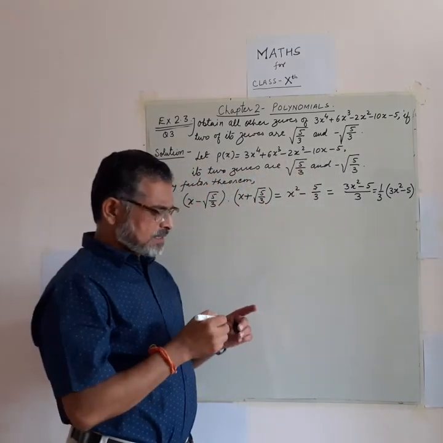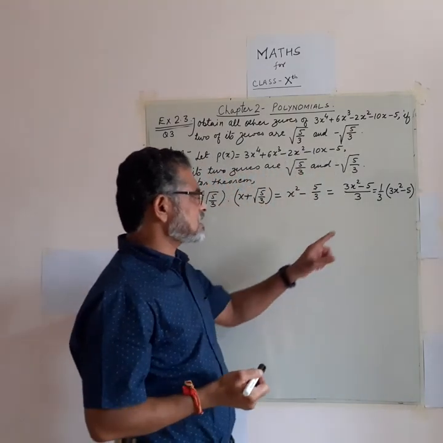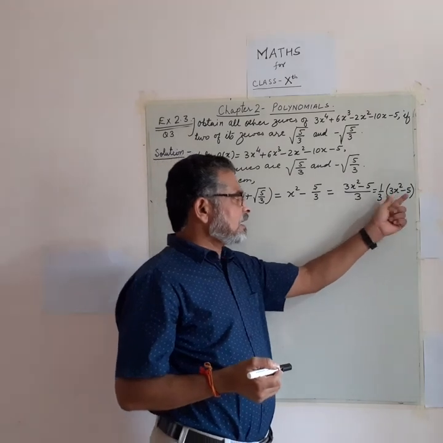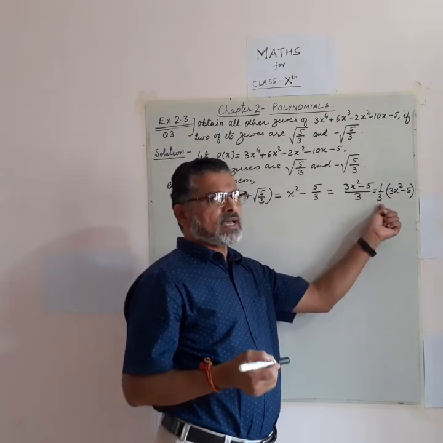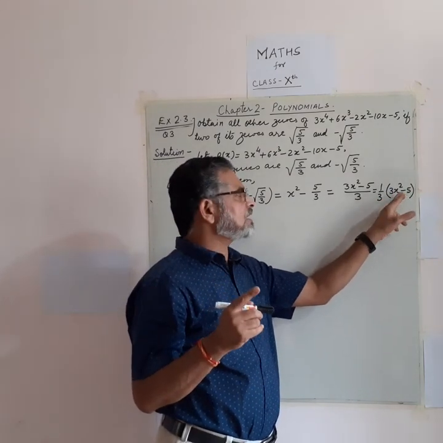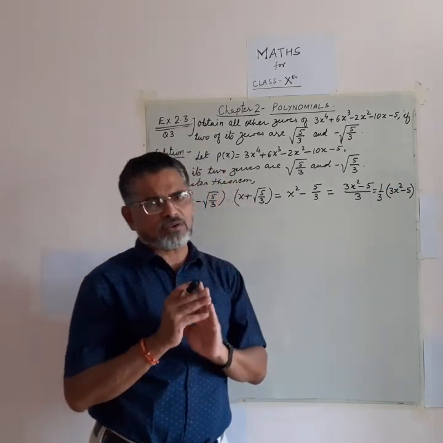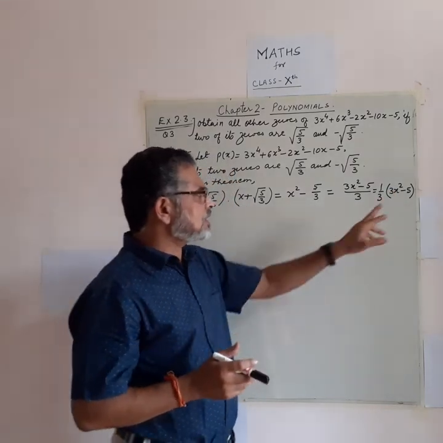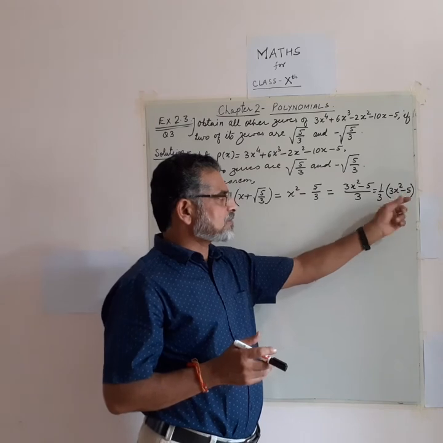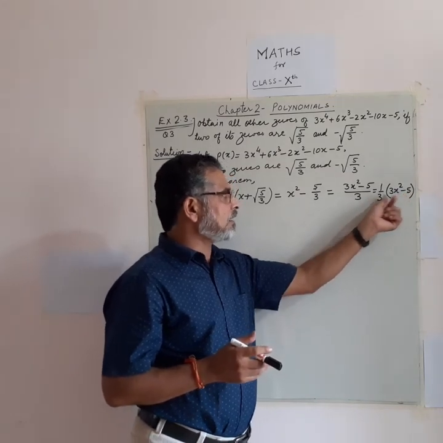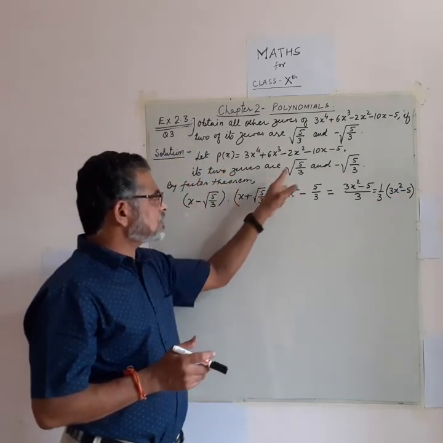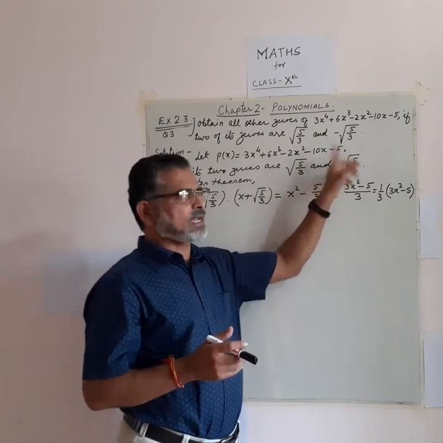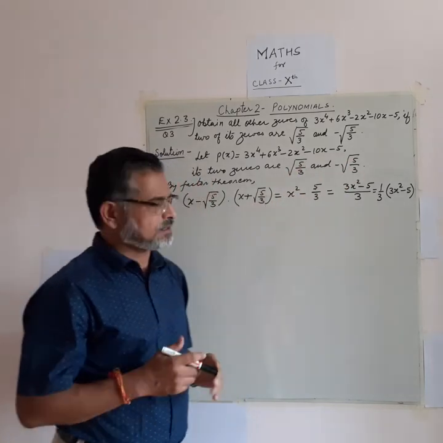Now in the previous exercise, if any polynomial is multiplied by a constant k, then there will be no change in the zeros. We discussed it. So here 3x square minus 5 is a polynomial having the zeros root 5 by 3 and minus root 5 by 3. You can check it.